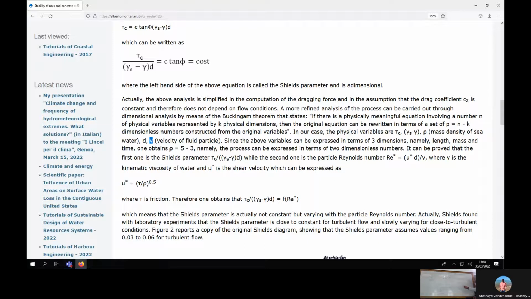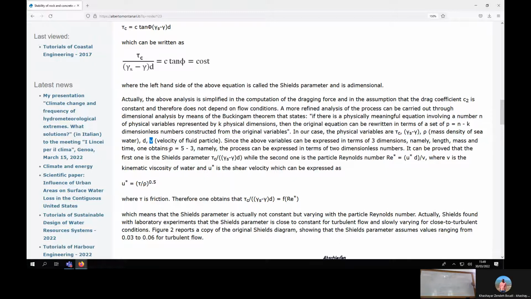And then, if I want instead to express the Reynolds shear number, I have to put here the shear velocity. And the shear velocity is given by U star. It's equal to tau divided by rho under square root.